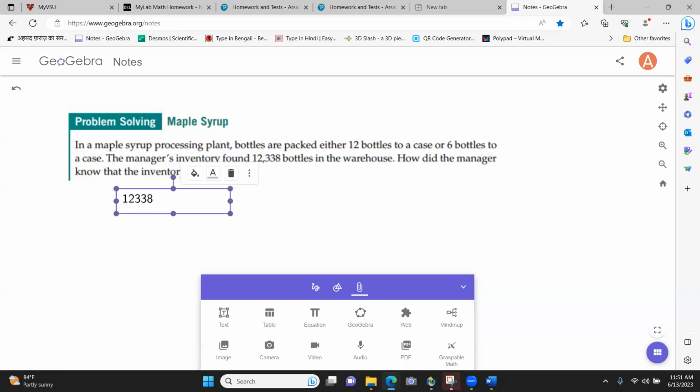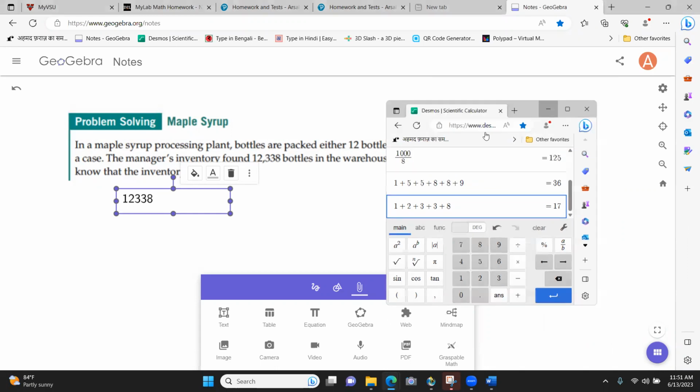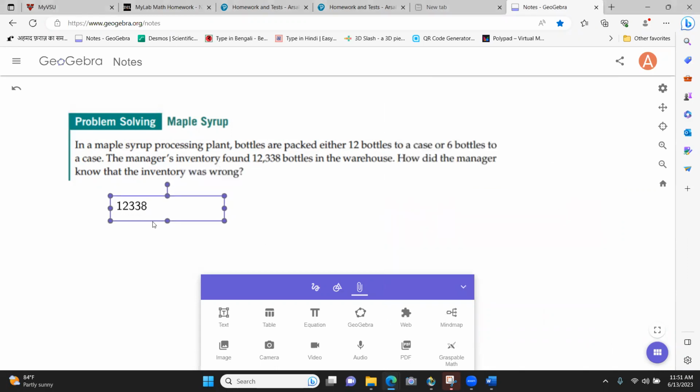I did say I won't use my calculator, but I'm going to use it in a different way, and that's legit. 17. Is 17 divisible by 3? No. So this number is not divisible by 3, so it cannot be divisible by 6, so the answer has to be incorrect.